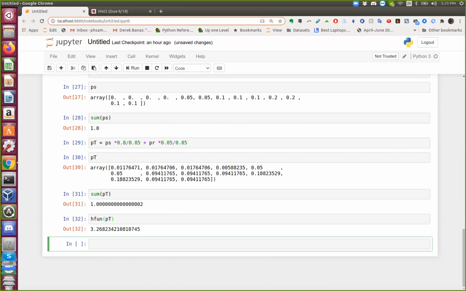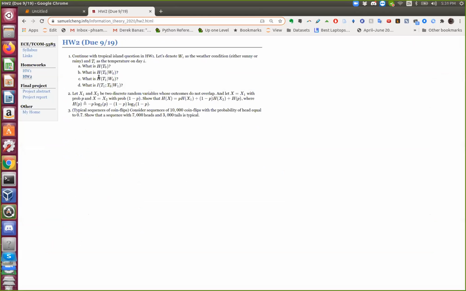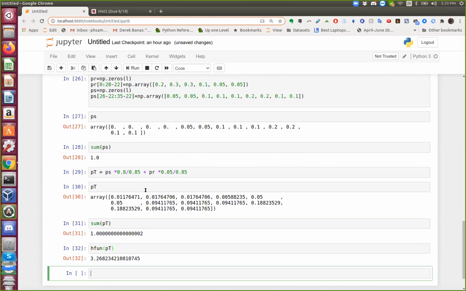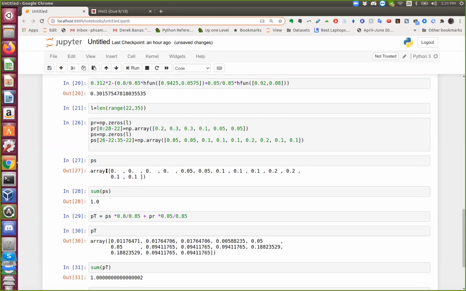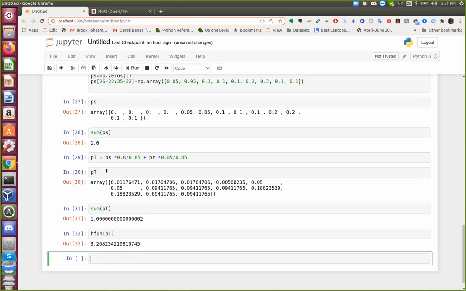And then for the second question, let's see, what's the second question again? Second question is TCO given WCO, that would be easy, right? Given WCO is more or less the same thing.